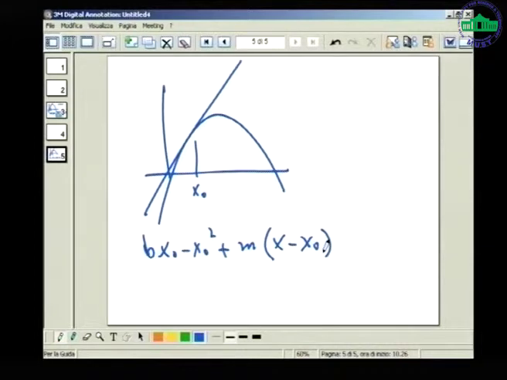If you solve this with the equation of the parabola, y equals bx minus x squared, you get a second degree equation in m and x. You set the discriminant to 0 because you have only one point, since it's a tangent, so it touches at one point, not two points. And the unknown m you can obtain as b minus twice x naught. So this is another way of doing it.